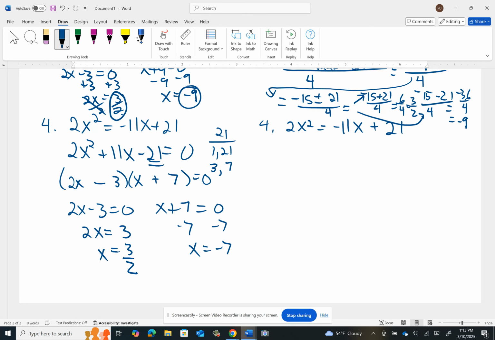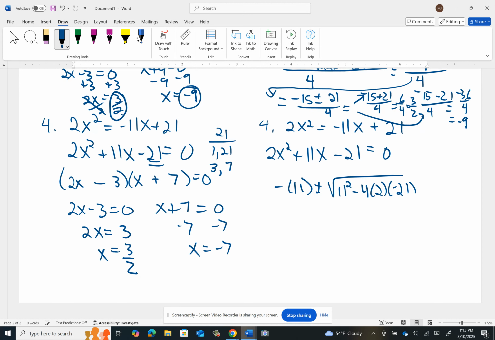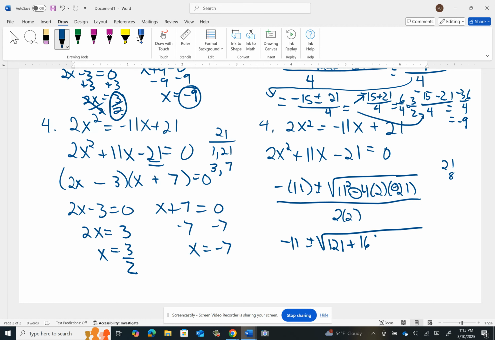All right, and then if we're doing the quadratic formula, we would again have to get it equal to 0, and then we'd plug into the quadratic formula. So we'd have negative 11 plus or minus the square root of, this would be 121, and then a negative times a negative would be plus something, and it's 21 times 8, so that's 168, over 4.